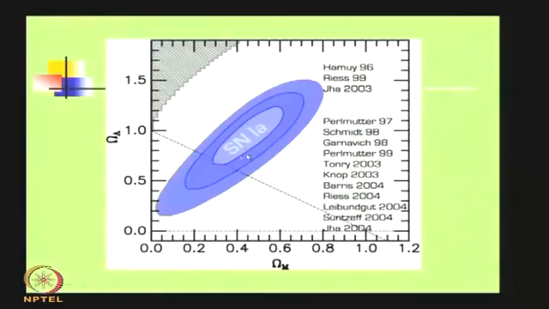So they indicate with a reasonable level of confidence that our universe has a component at present which has got negative pressure. Let me just briefly discuss this once more.